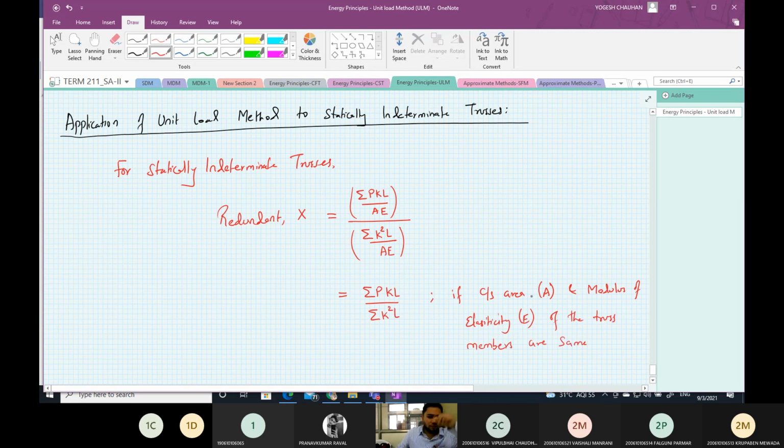So if all the members have the same cross section area and Young's modulus, then this expression will be sigma pkl over sigma k square l. Okay, so this is in general.